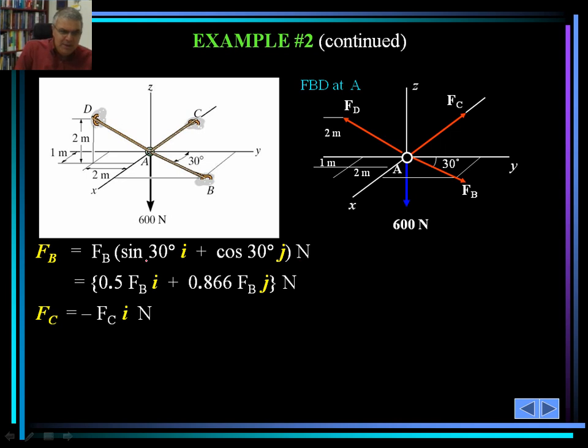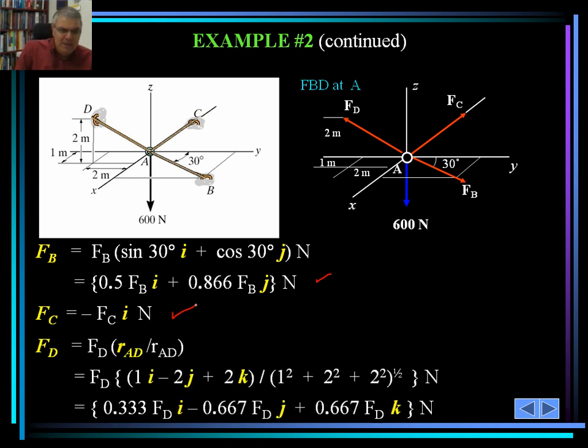As such, sine of 30 degrees is half, so it's going to be half of F sub B plus cosine of 30 degrees would be 0.866 F sub B, and this would be F sub B. F sub C, again, if you look at the F sub C here, it is in the negative direction of X, so that would be minus F sub C I Newton.